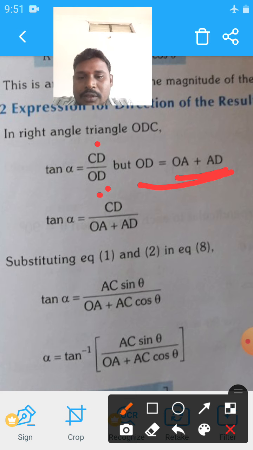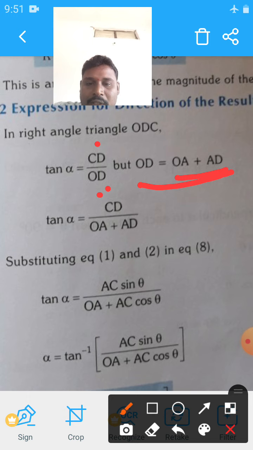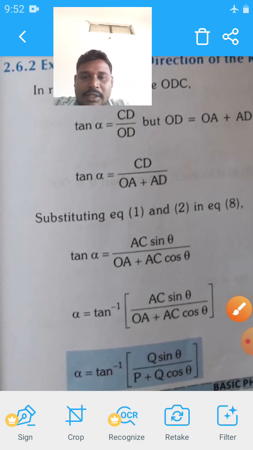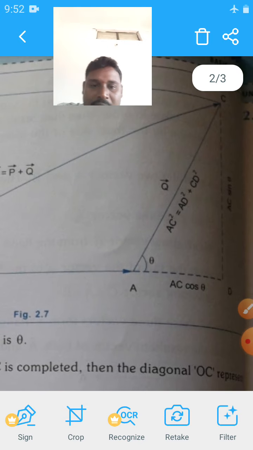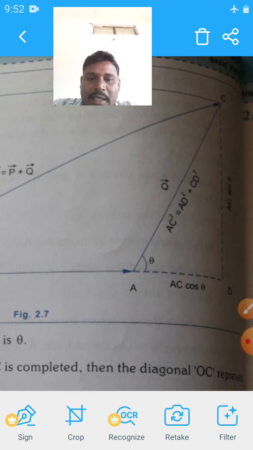Now we substitute in the place of CD, in the place of OA, in the place of AD, and you will get tan alpha. See here, in the place of CD is AC sin theta.